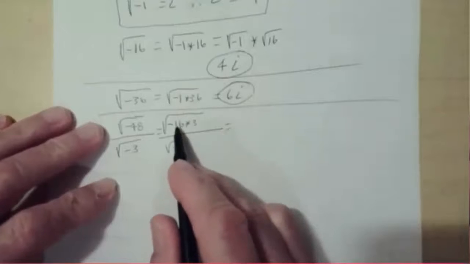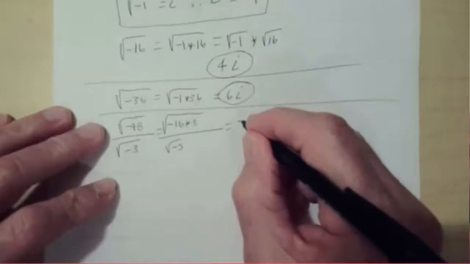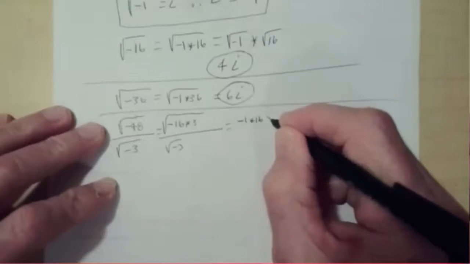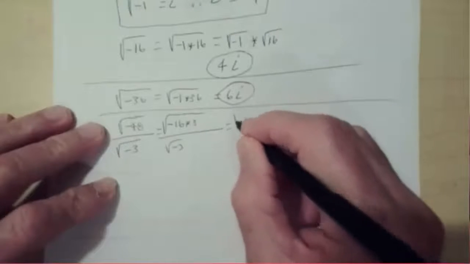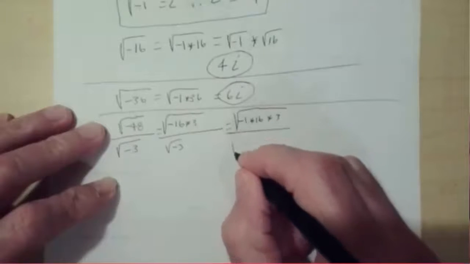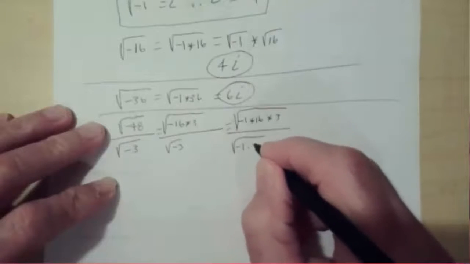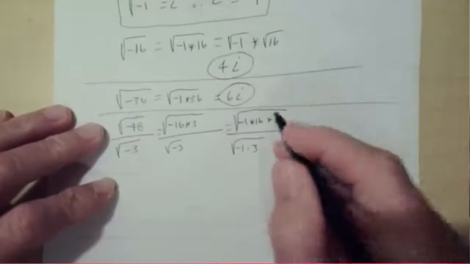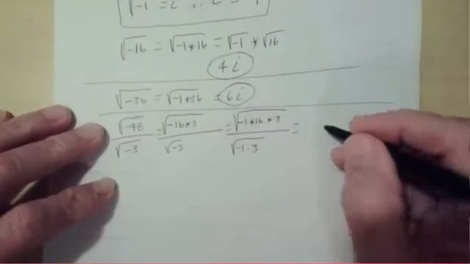Okay. Now the square root of negative 16 is the square root of negative 1 times 16 times 3, divided by the square root of negative 1 times 3. Now the square root of negative 1 is i.